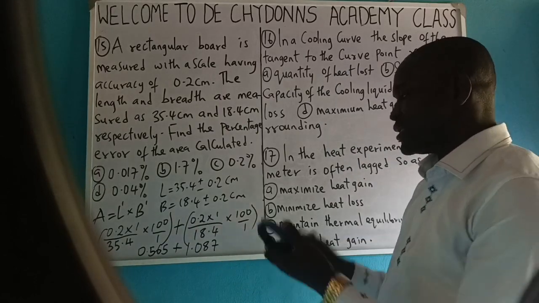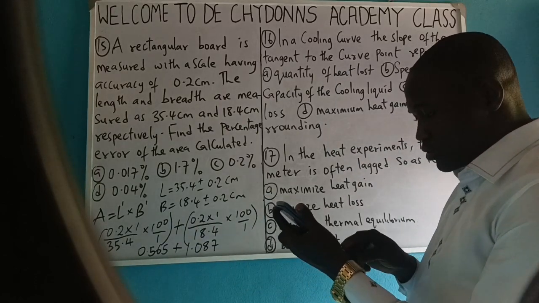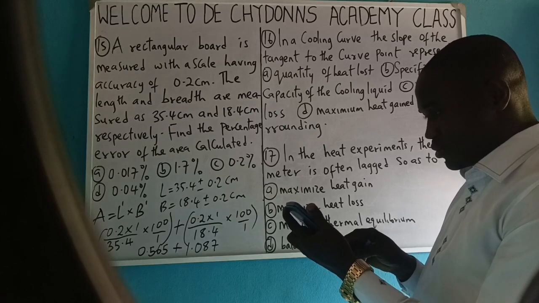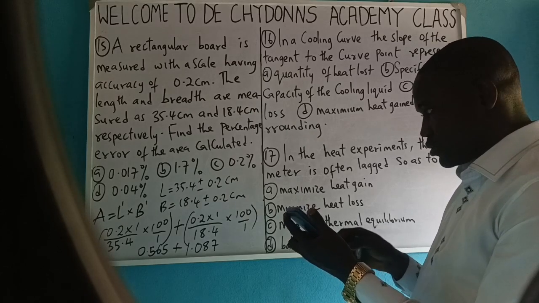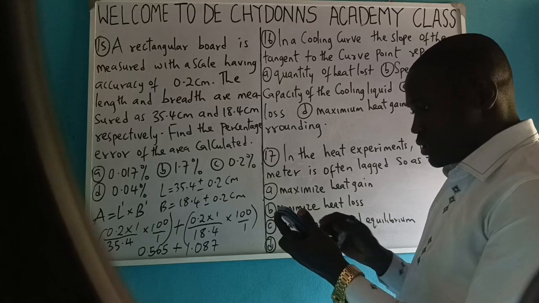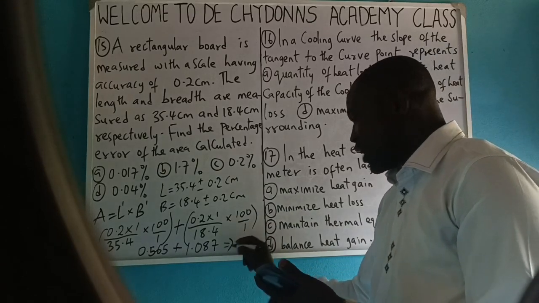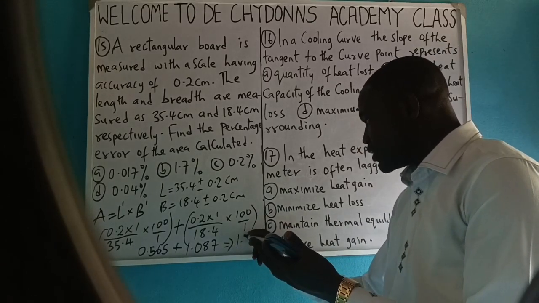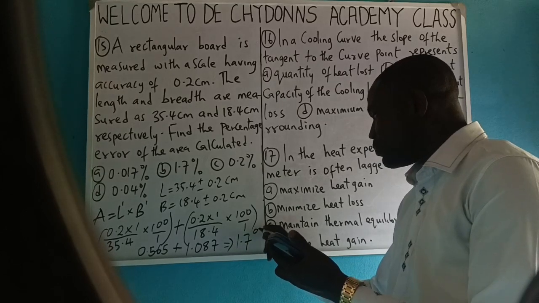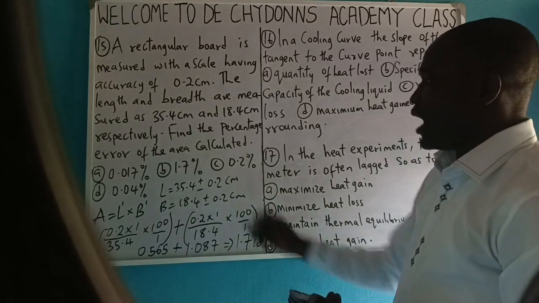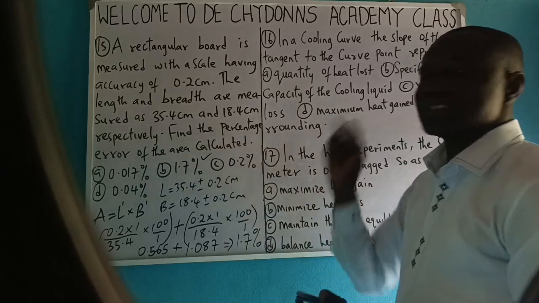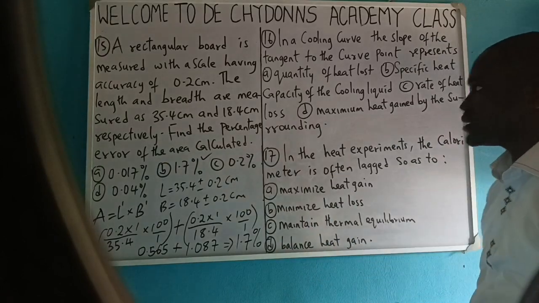Both are in percent. I will add them all. That will be giving me approximately 1.7 percent. And we will take option B as the answer. So that is how to do it.